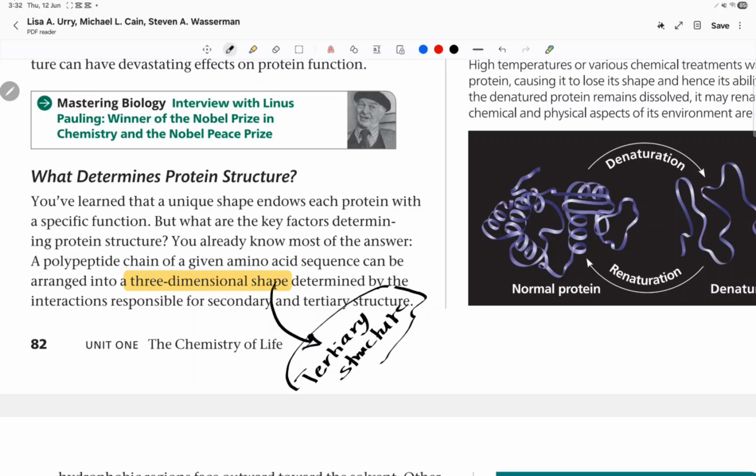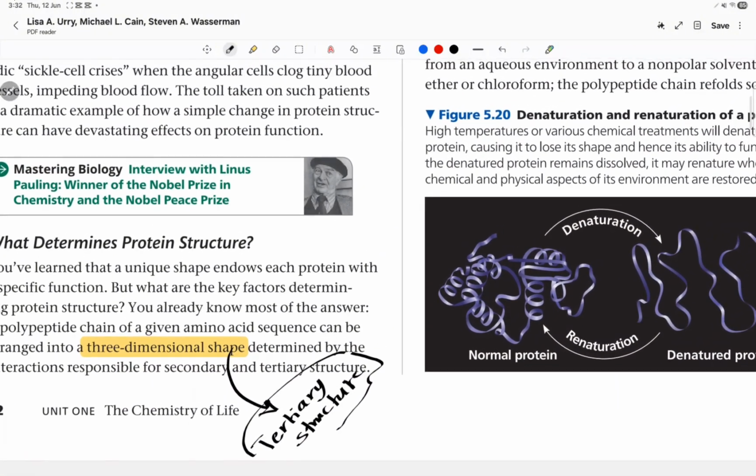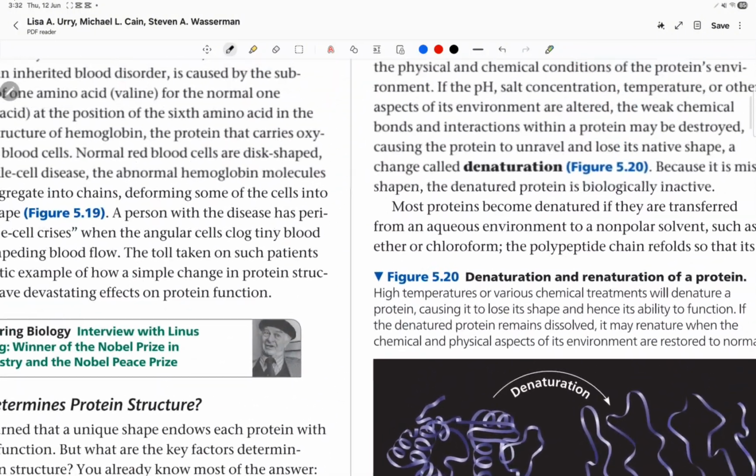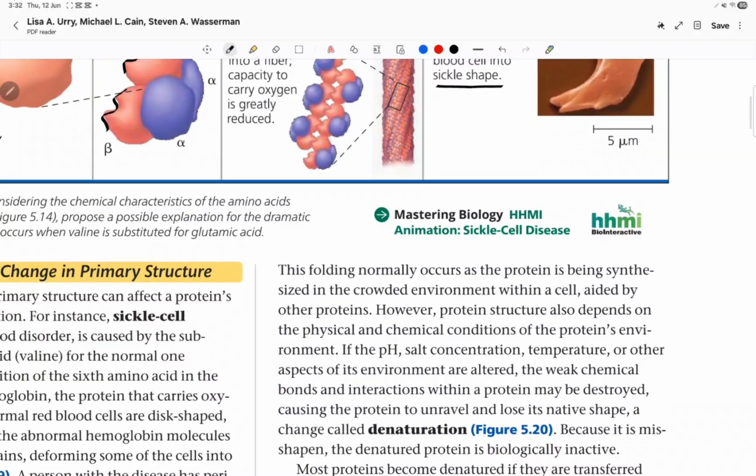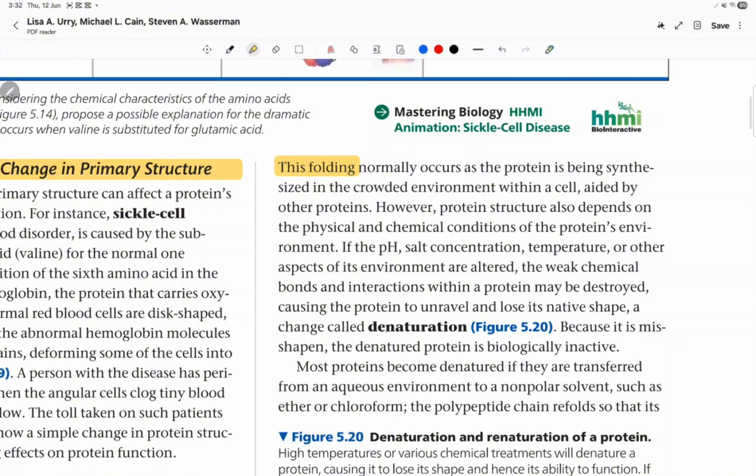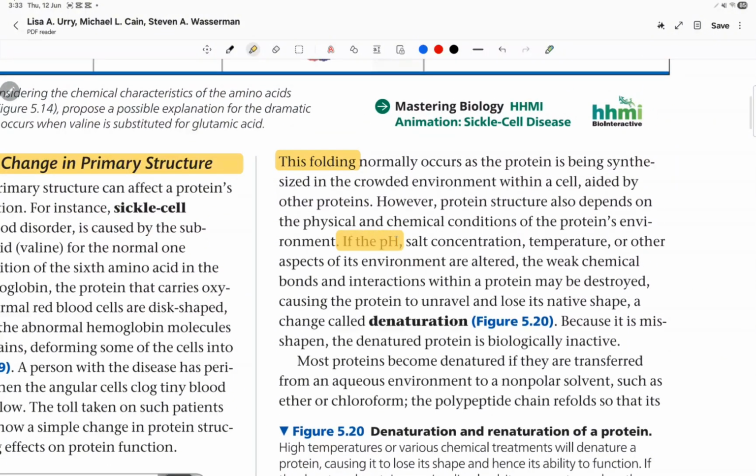All right. So, see, folding means tertiary structure. Now, if you change the pH, if you change the temperature, if you change the environment, whether it's polar or non-polar, all of that can make your protein unravel, which means it can lose its shape.